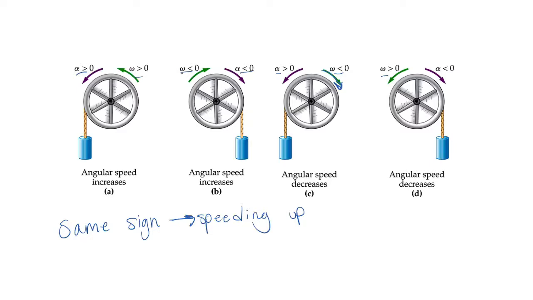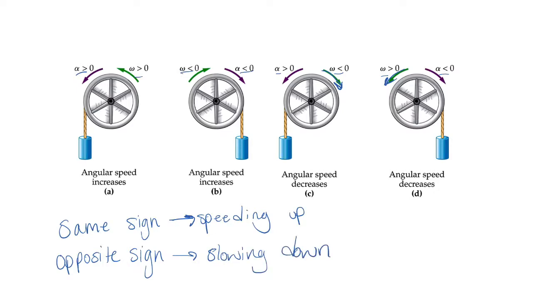Or when the angular velocity is positive but the acceleration is negative, again, that would be slowing down. So it's moving this way, but it's still slowing down, okay? So opposite signs always mean it's slowing down. Okay, and that's how angular acceleration works.